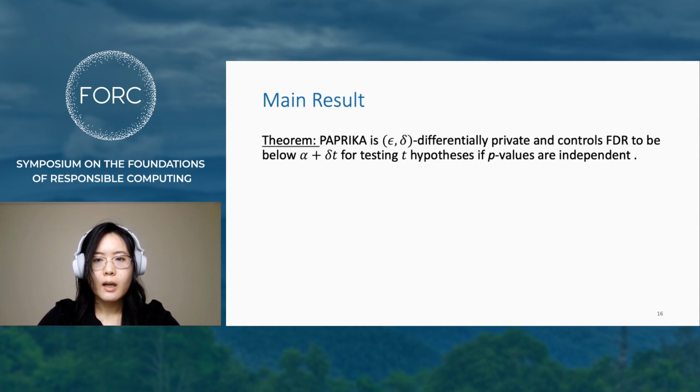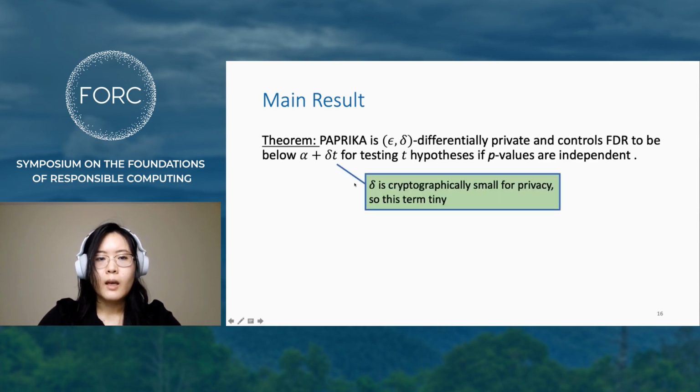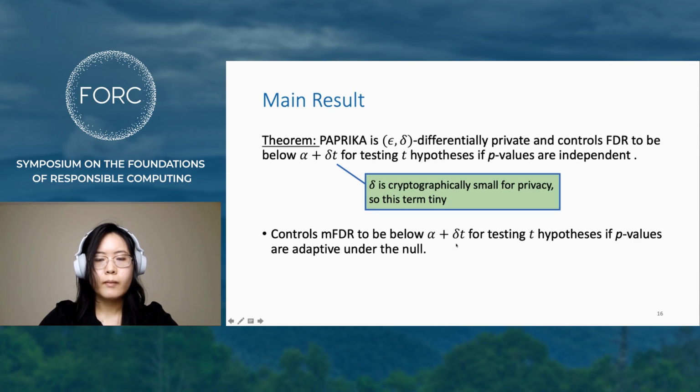For accuracy, it controls FDR to be below alpha plus delta t for testing t hypotheses if p-values are independent. And you might be concerned that this delta times t is linear with respect to t, but this delta is cryptographically small. For example, this delta can be exponentially small, so delta times t is still tiny.